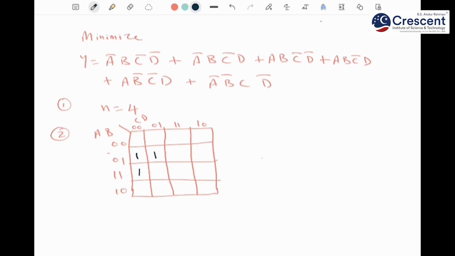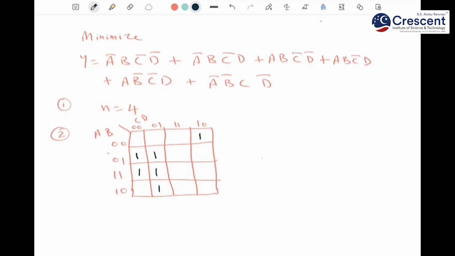This one. Then A, B, C bar, D. Next A, B bar, C bar, D. Next one is A bar, B bar, C, D bar. This one.